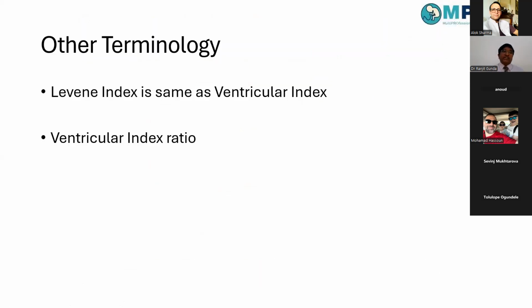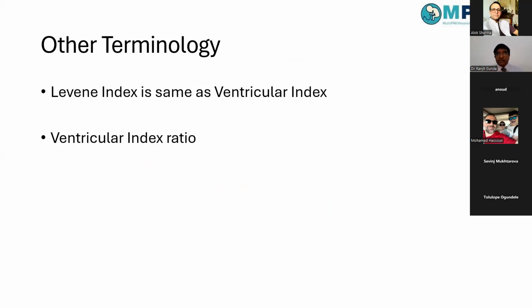Okay, other terminology. In the literature, they use Levin index and ventricular index quite reciprocally. Generally, in preterm infants it is more often called ventricular index, and in term babies it is called Levin index, but they are exactly the same.